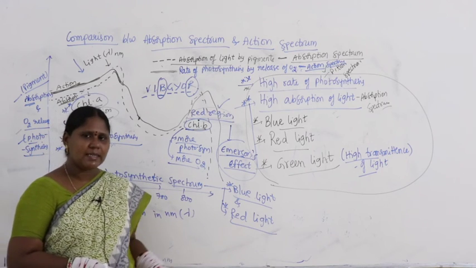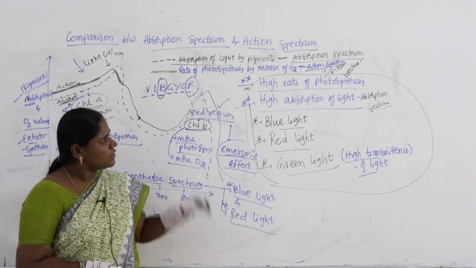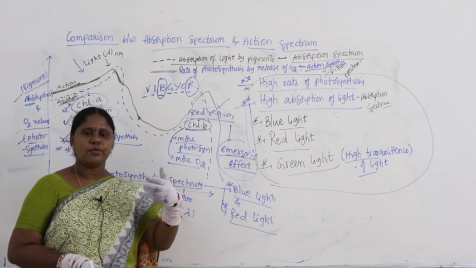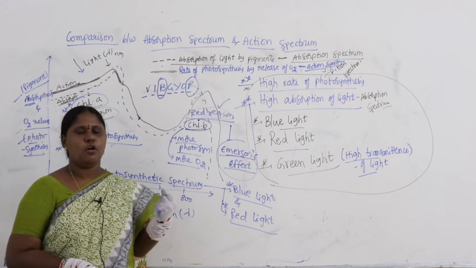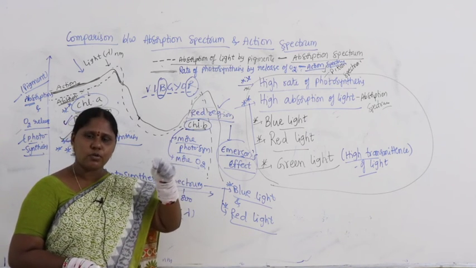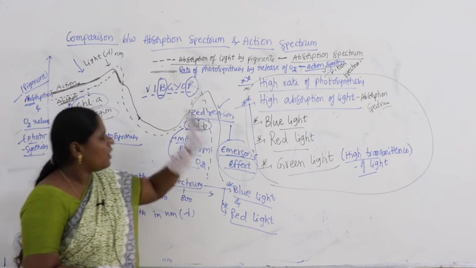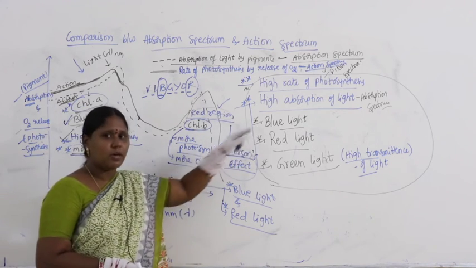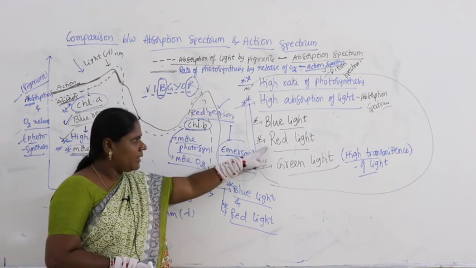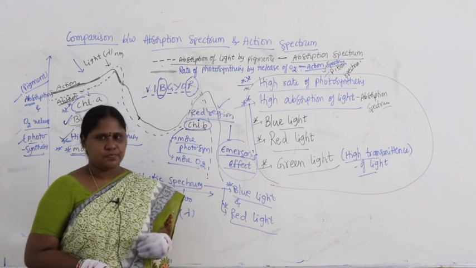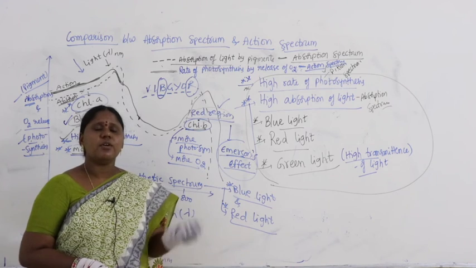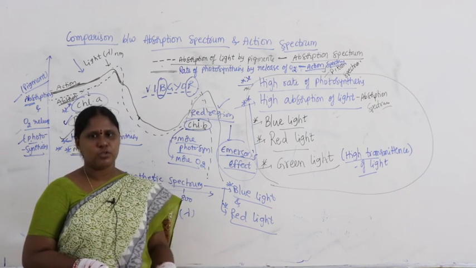That means what you have to understand, whenever the question is high rate of absorption of light or high rate of photosynthesis, what is the order of lights you have to remember? First goes blue light, then followed by red light, then followed by green light. Suppose the question is about high transmittance of light.